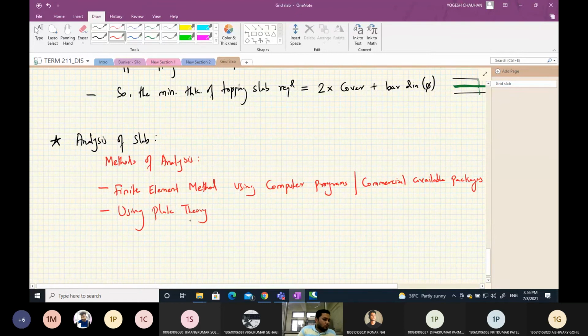And one of the popular plate theories used for analysis is Timoshenko's plate theory.